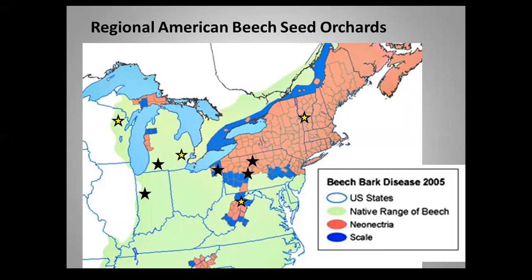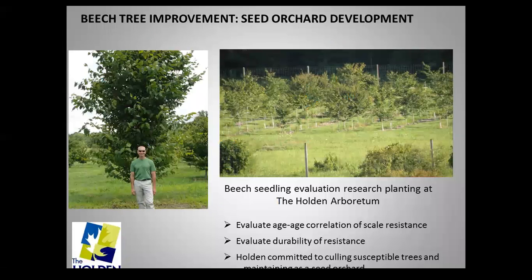And then we're starting to work in areas like Vermont and West Virginia. We have a replicated seed orchard in the Lower Peninsula of Michigan that's replicated at Purdue University in Indiana with materials that were collected from the Upper Peninsula of Michigan. So we're really starting to make progress, and we're hoping that soon these seed orchards will be producing seed.